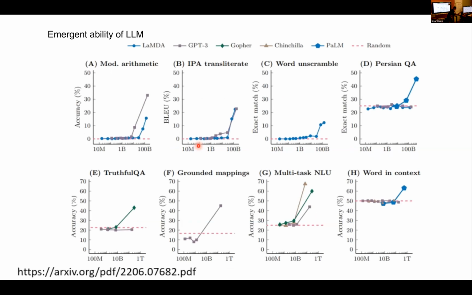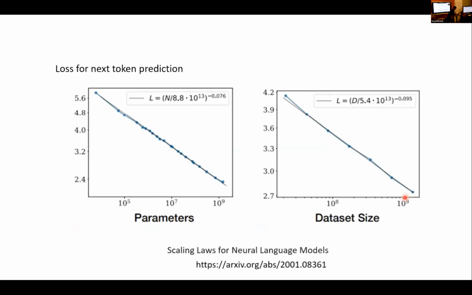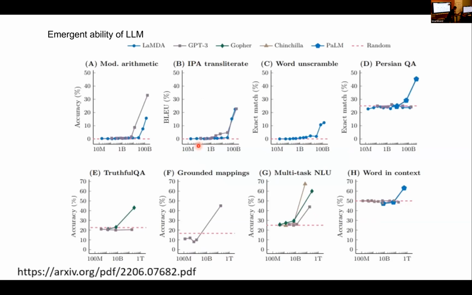This is an example of the history of these models. This was not always the situation. At one point it was almost as bad as a random guess on various language tasks, until around 10 billion parameters, where there's a kind of phase change.